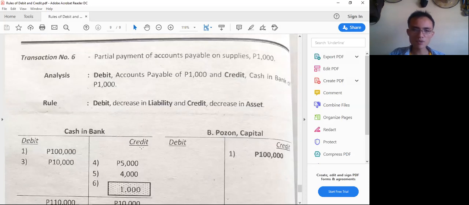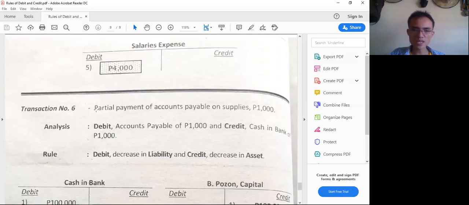Another one is when the business paid the accounts payable on supplies, 1,000. When there is payment, what is being let go? What is being parted with? I suppose you should have answered cash in bank to my question, right? I cannot expect you to answer my question, but for sure you should have answered cash in bank.